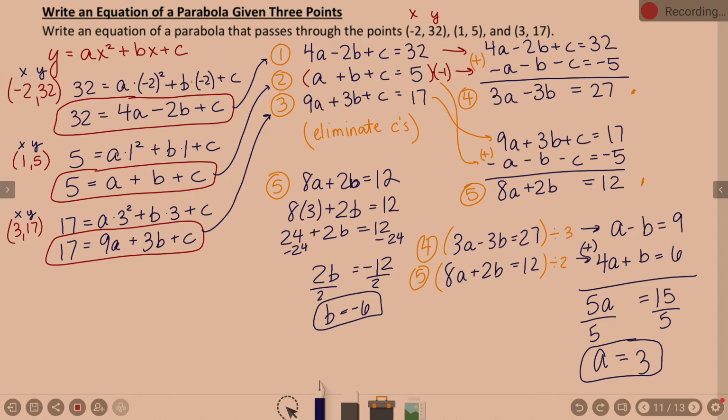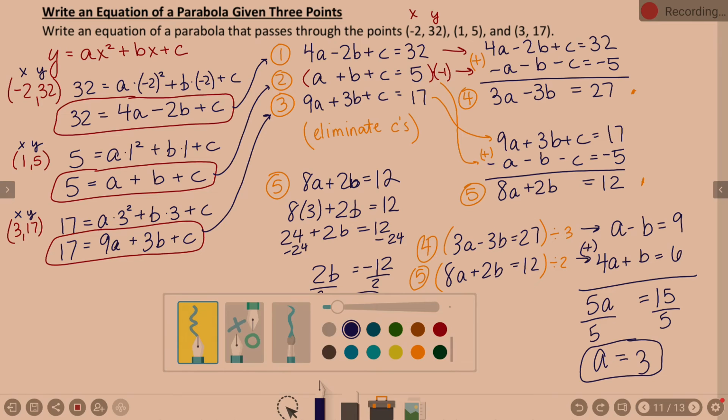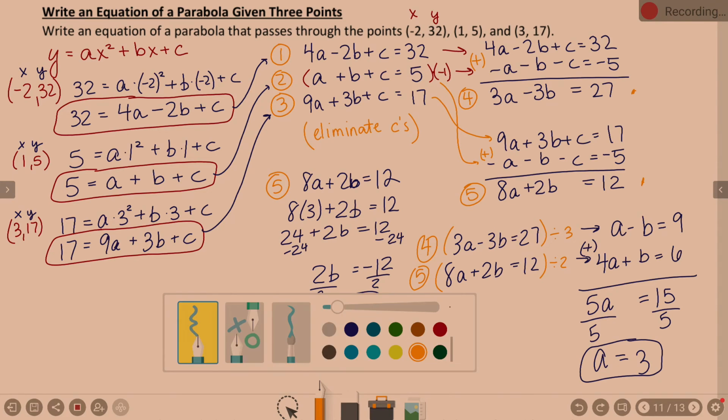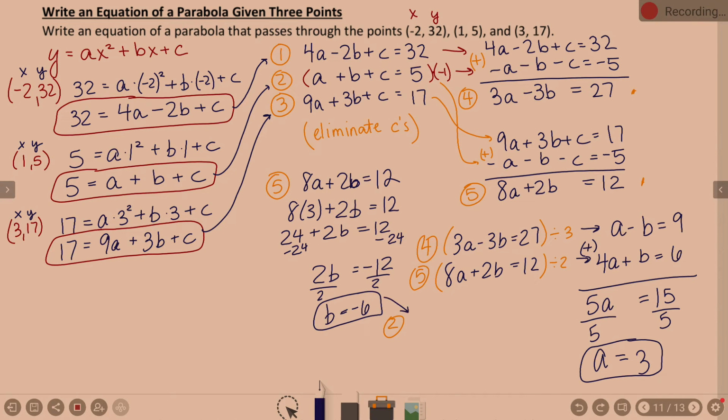I know a. I know b. You don't know c. How do we find c? Plug it back in. Plug it into 1, 2, 3. I definitely like 2 on this one. So 2 is a plus b plus c equals, was it 5?